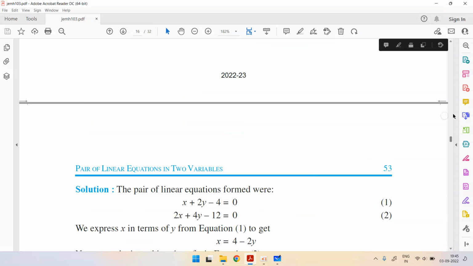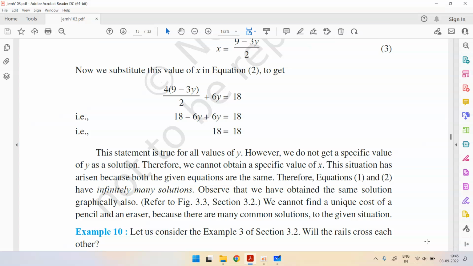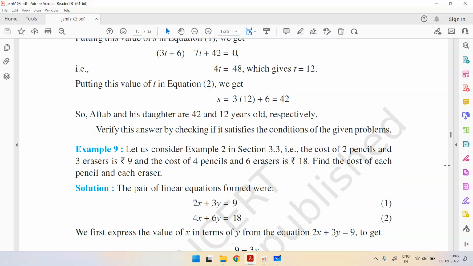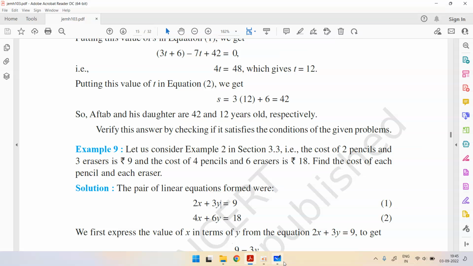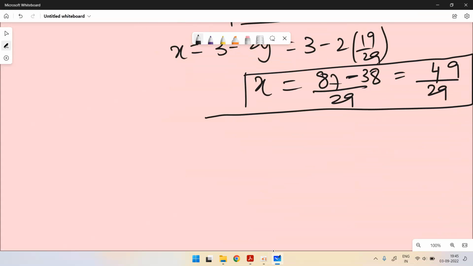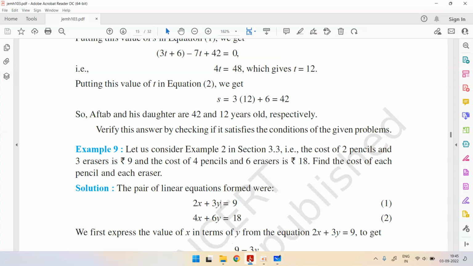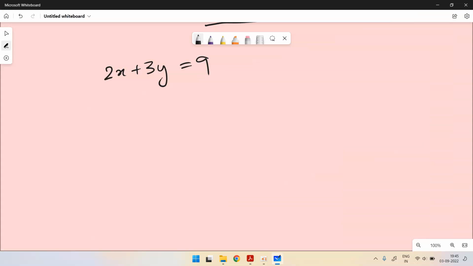See the other one, this was the pair of equations, where you got two values. 2x plus 3y equal to 9, and the next equation was 4x plus 6y equal to 18.